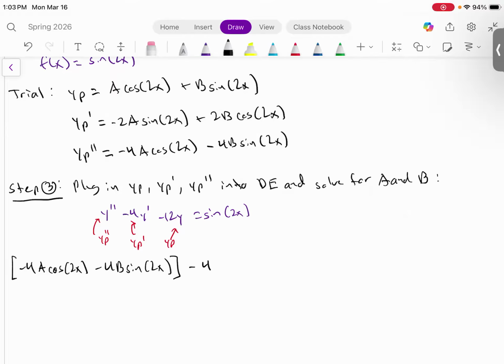Minus 4 times the first derivative, which would be negative 2a sine of 2x plus 2b cosine of 2x, and then minus 12 times A cosine of 2x plus B sine of 2x, and it all equals sine of 2x.